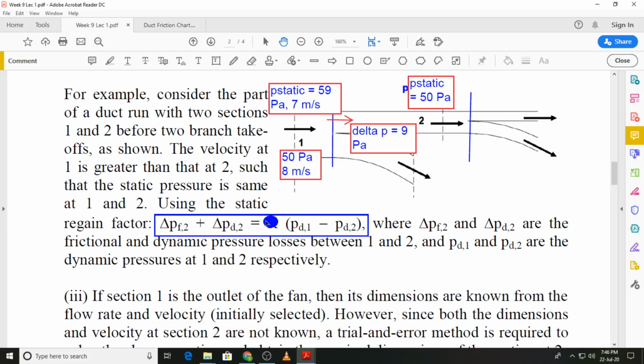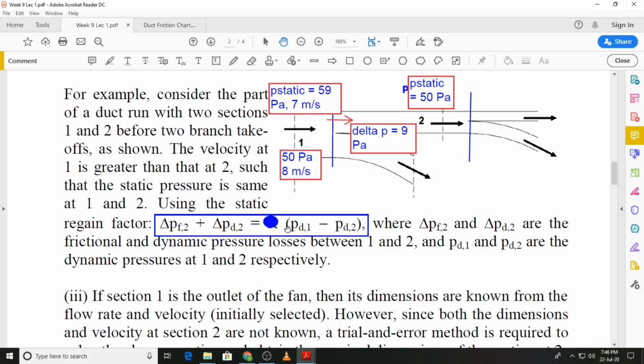And what we said, that that increase in the static pressure should be equal to the pressure drop in the duct run that we are working with. So that is shown on the left hand side. Delta Pf2 and delta Pd2 are the frictional and dynamic pressure losses.